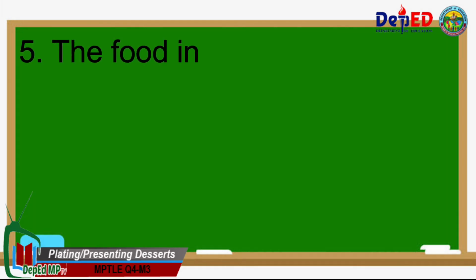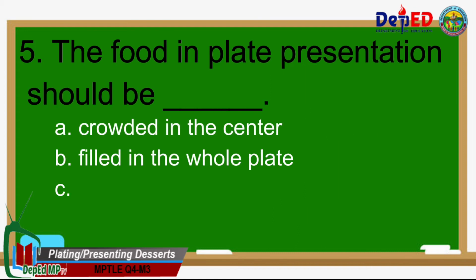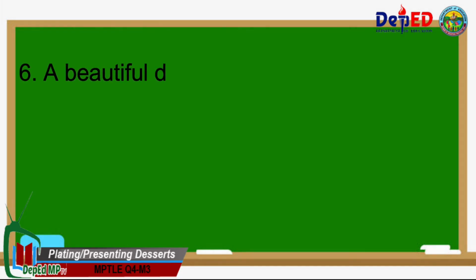Number 5. The food in plate presentation should be letter A, crowded in the center. Letter B, filled in the whole plate. Letter C, garnished with more colors. Letter D, contained within the rim of the plate. The correct answer is letter D. Number 6.